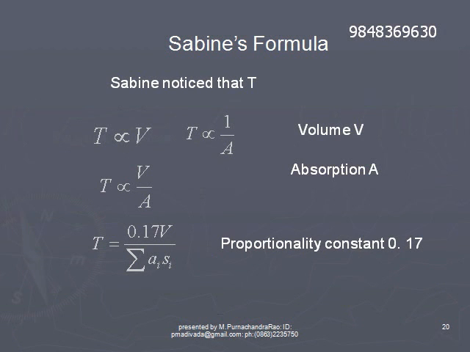So T is proportional to V, T is proportional to 1 by A, or T is proportional to V by A. The proportionality constant is obtained as 0.17 in SI units. Hence, the relation for reverberation time by Sabine is given as T is equal to 0.17 V divided by sigma AISI.